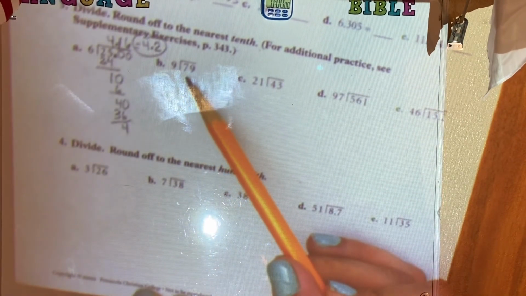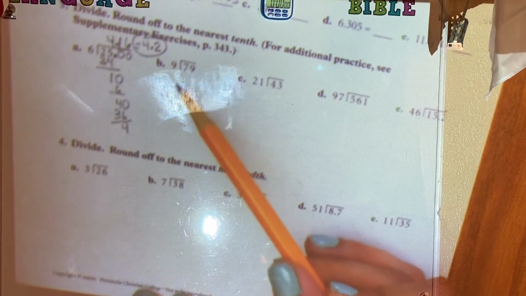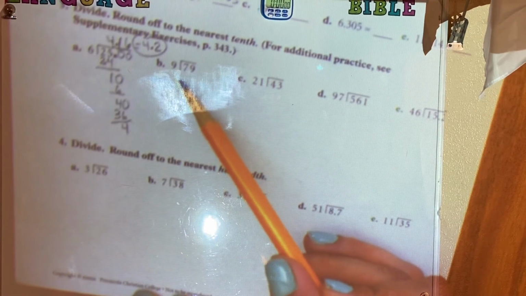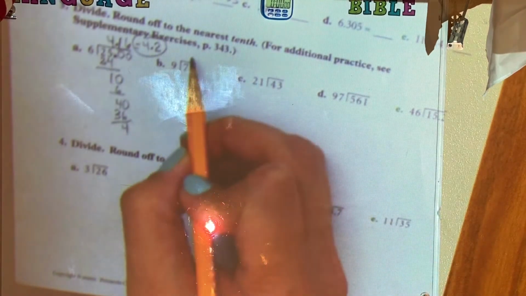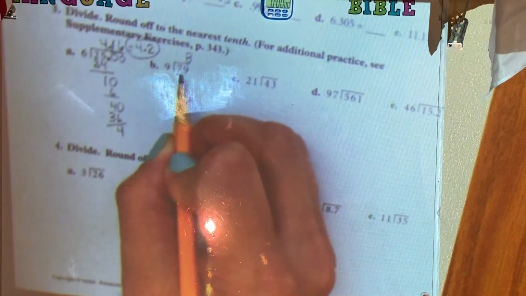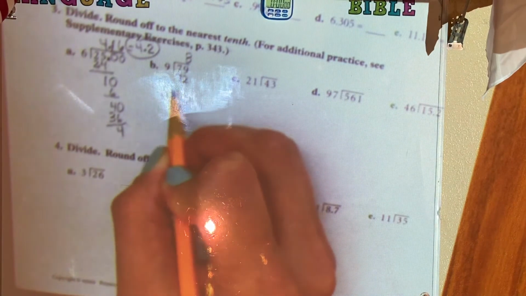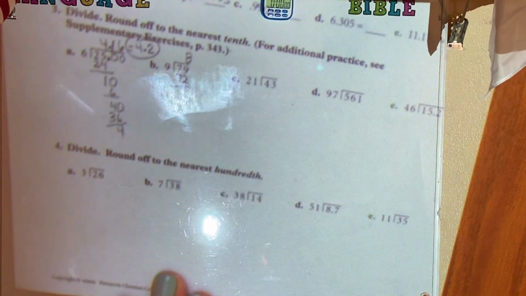Let's try letter B. Letter B says 9 divided by 79. So 8 times 9 is 72, right? 72.